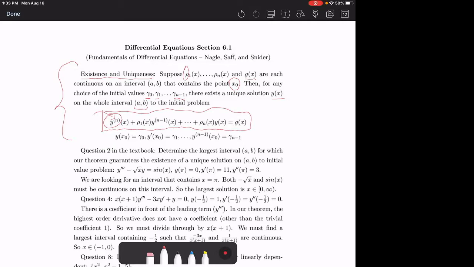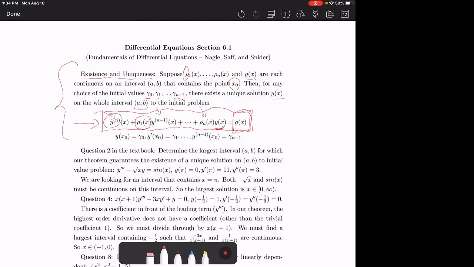So we have the nth derivative of y plus some function of x times the n minus 1th derivative plus, and then all the way down to some function of x times the original function y. And then you can also have some other function of x here on the right side. So this is just a general form for a differential equation in this linear ordering for an nth order.